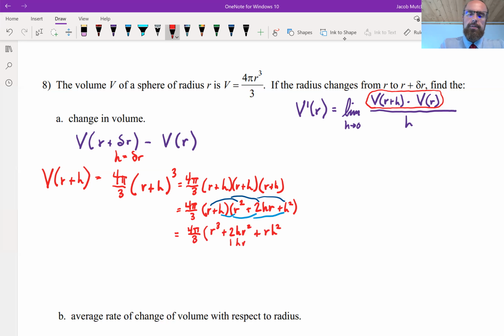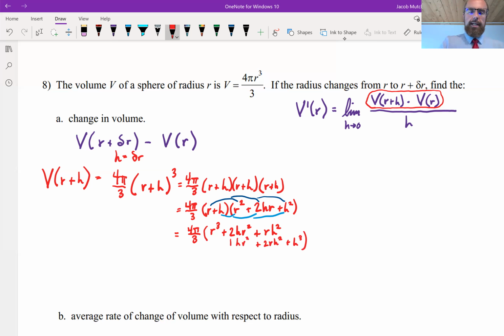So notice I'm stacking the like terms there. Secondly, h times 2hr is 2rh squared. And last, h times h squared is h cubed. So that is a singleton there since it's the only occurrence of h cubed.